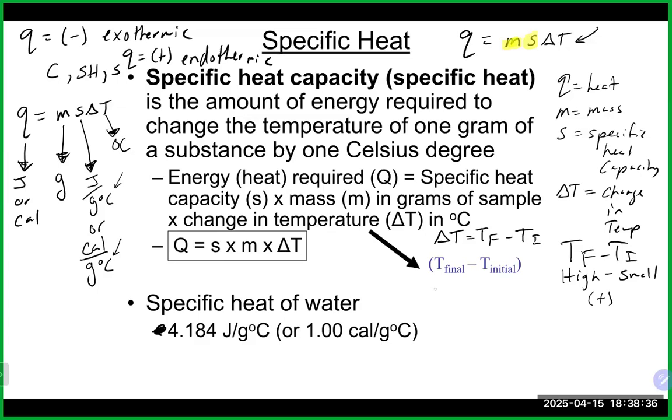Now, if your final temperature minus your initial temperature is the opposite, you end up with a lower temperature versus the higher temperature you started with. You're up here, and the only way for that to happen is you have to lose energy for your temperature to drop, which will give you a negative for the delta T, and that will give you a negative for the Q, which means it's exothermic.